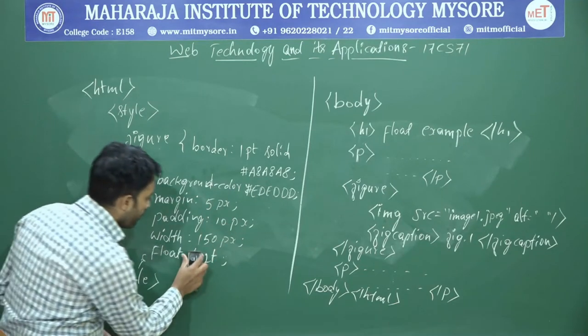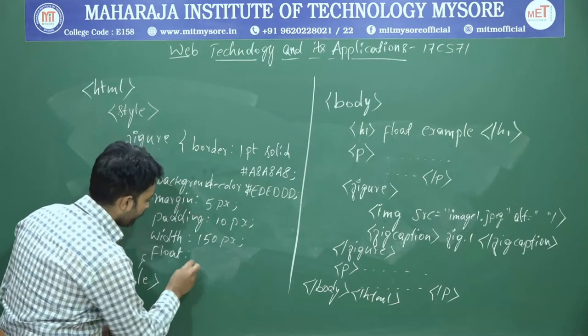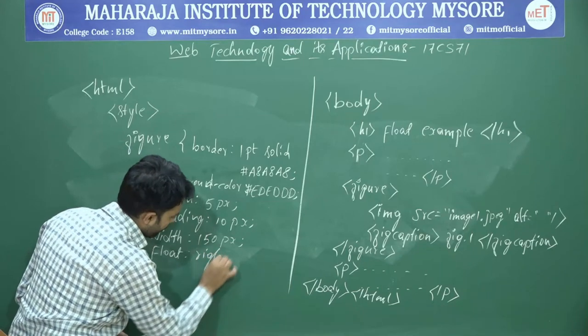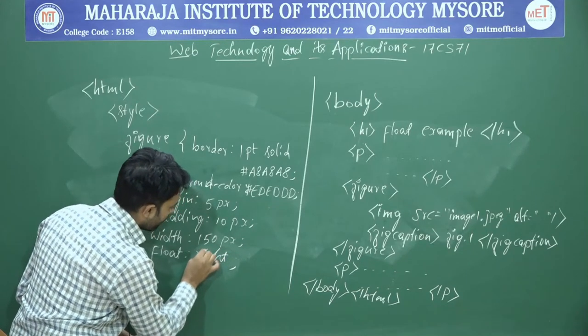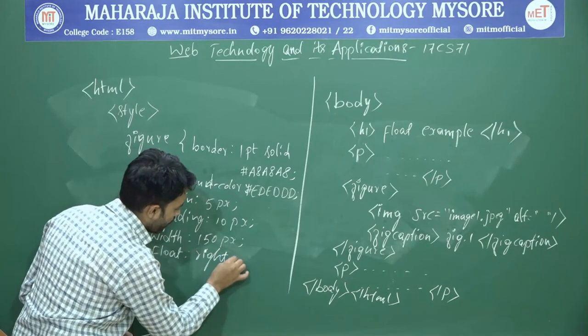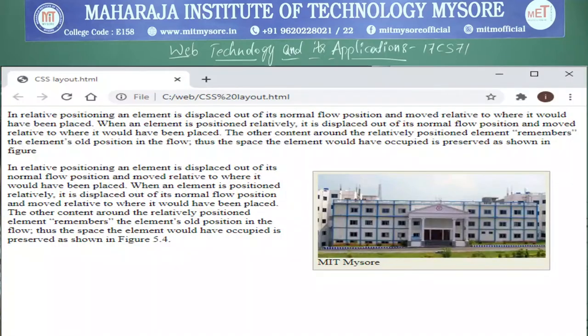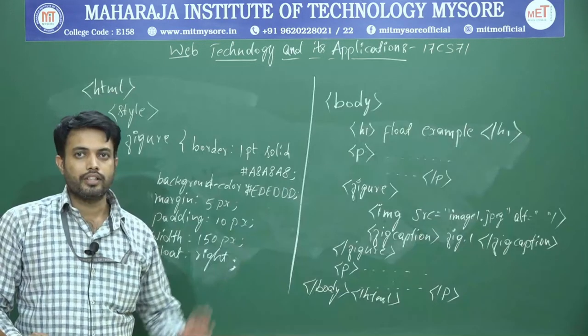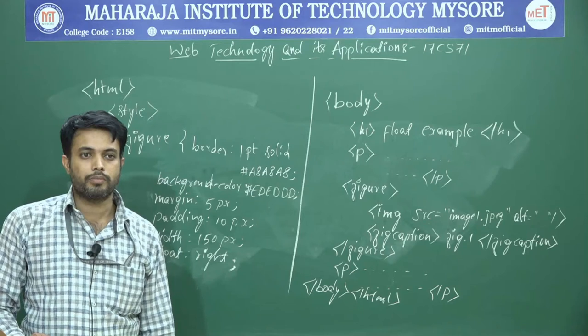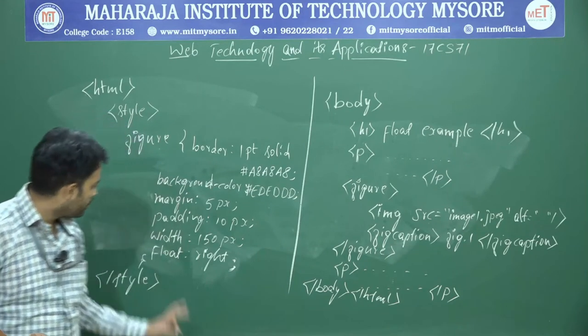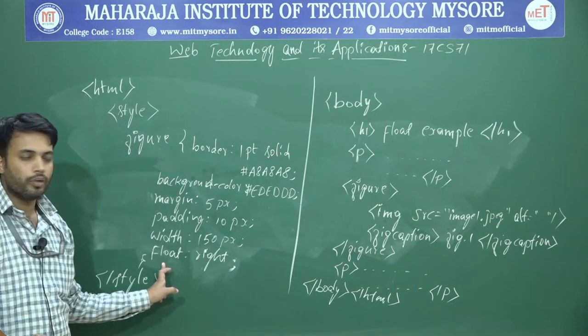So now I will modify the same program to the right. Now you can notice that there is an image on the right side of the screen. That is what float is.